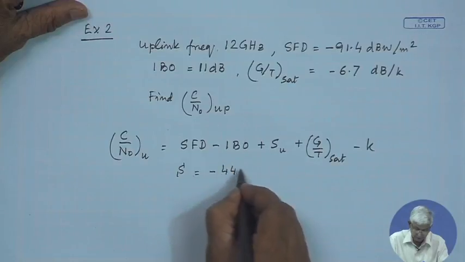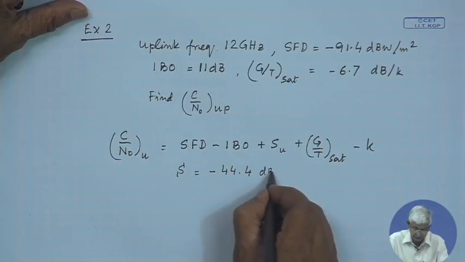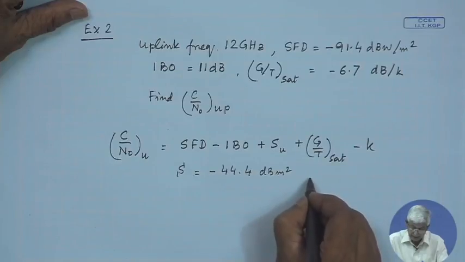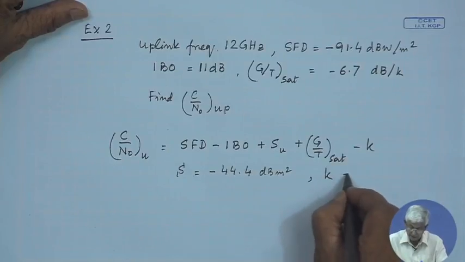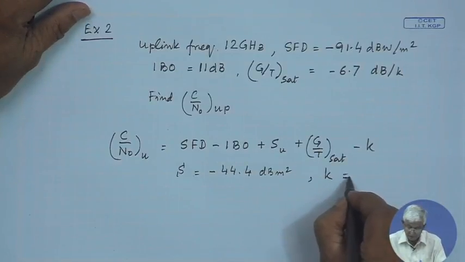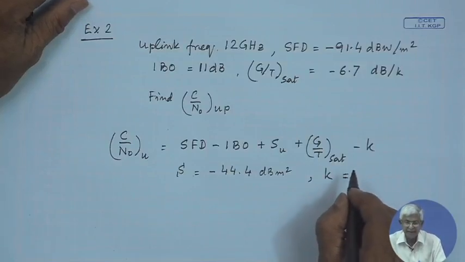So, minus 44.4 dB meter square, and this K value, Boltzmann constant, we have seen this as a number.